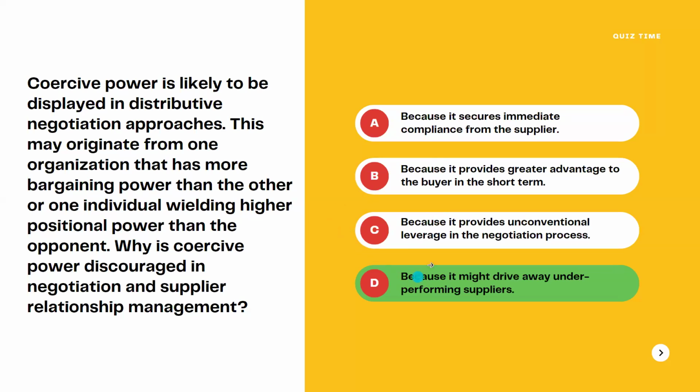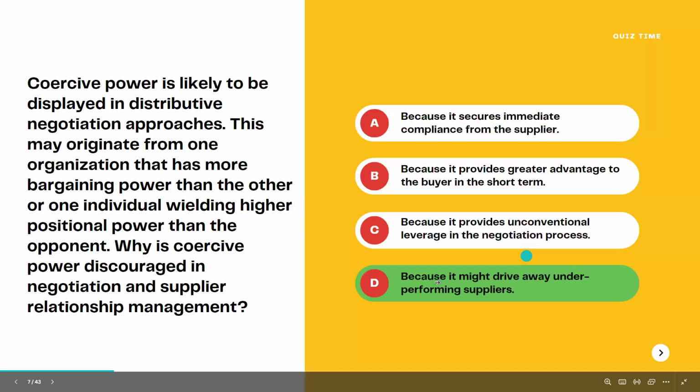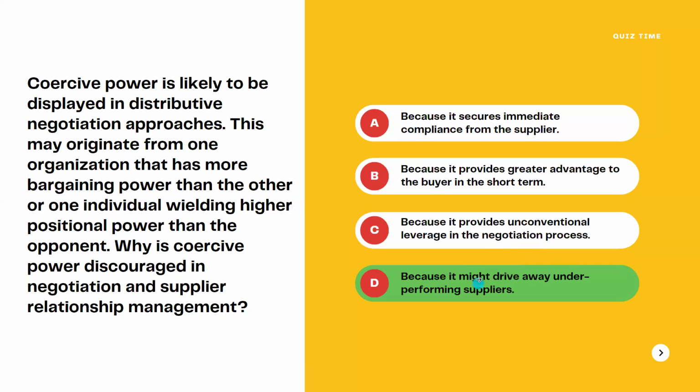And if we read option D carefully, it says it might drive away underperforming supplier. It means whatever supplier does, this practice may drive away underperforming but promising supplier. Okay, and I think that's a good reason to avoid using that.